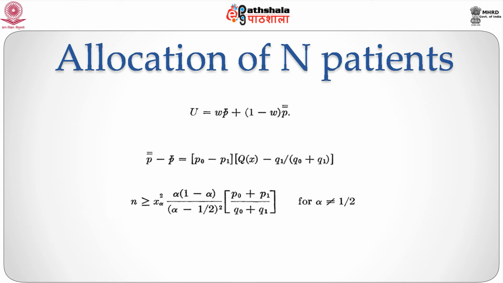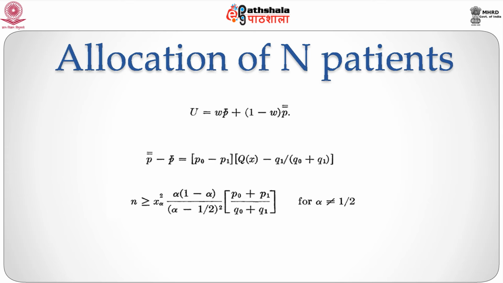U then can be written in the form of a weighted average W into P bar plus 1 minus W into P double bar. P bar and P double bar are the expected proportions of successes in the first and second stage of the experiment. An interesting question is then to determine under what situation is P double bar greater than P bar.